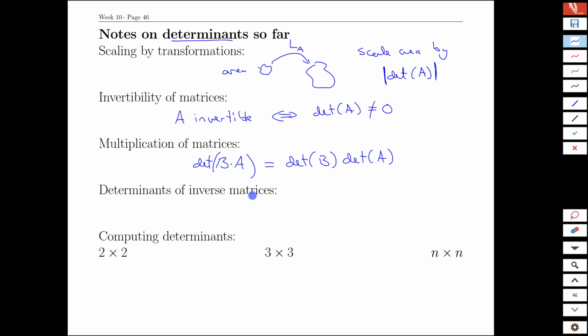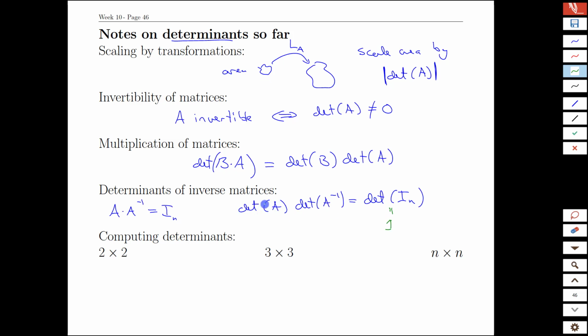Another fun thing we haven't actually talked about, but it's a nice corollary to this, because we know that A times A inverse equals the identity matrix. And if you look at the identity matrix, its determinant is always going to be 1 because it doesn't change anything. So if we talk about the determinant of A and the determinant of A inverse, well, it's going to equal the determinant of the identity matrix. So thinking scaling, this is going to equal 1.